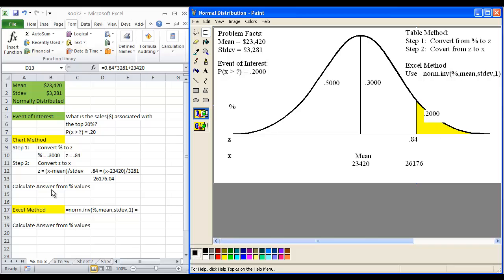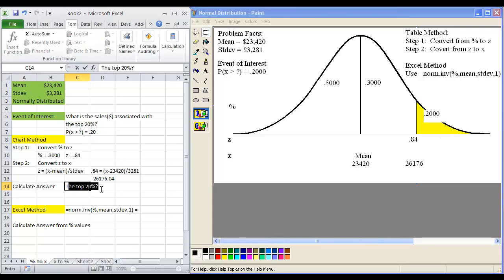So our answer to that is basically going to be the top 20% of sales belong to those who purchase more than $26,176 in sales.